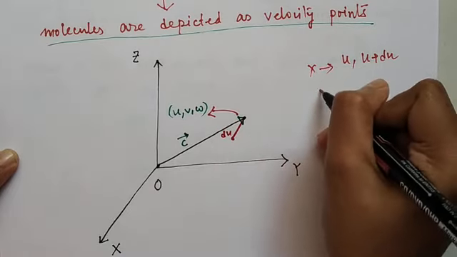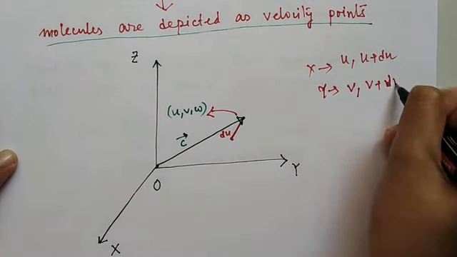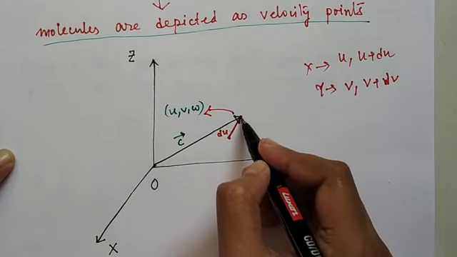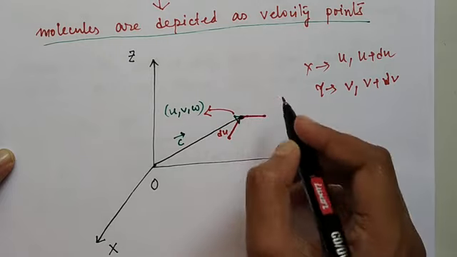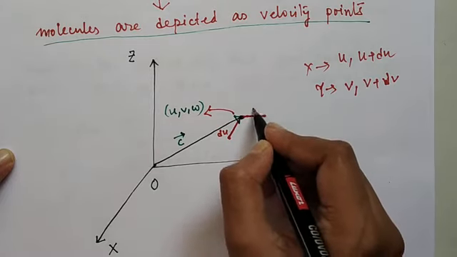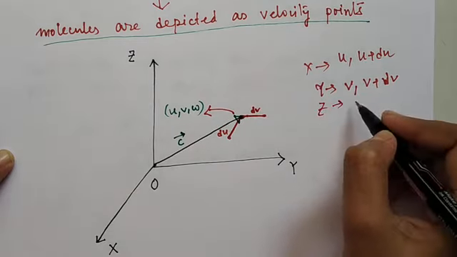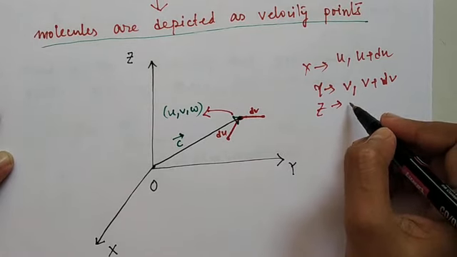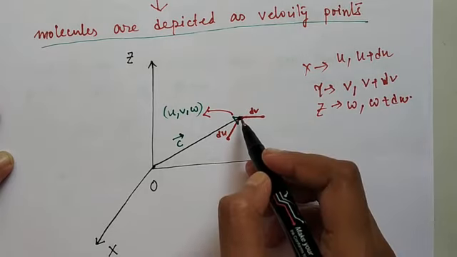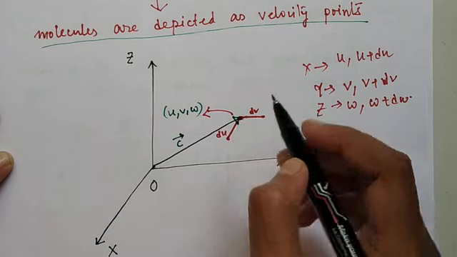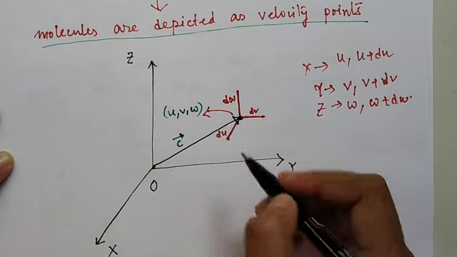Then for the y component we need the range v and v plus dv, so from v we go an extra dv along the y-axis. Then for the z component we need the molecules between w and w plus dw, so from w we go an extra dw along the z-axis.